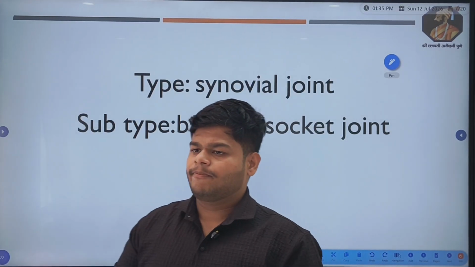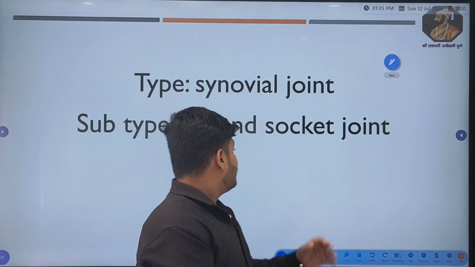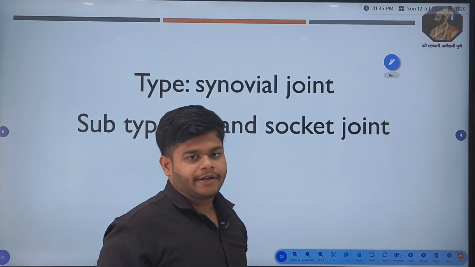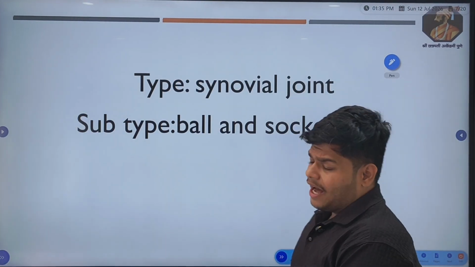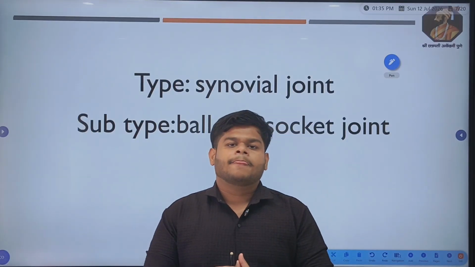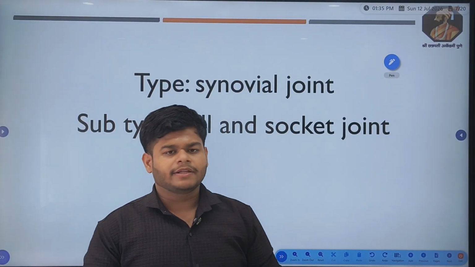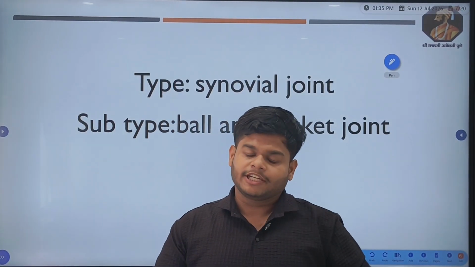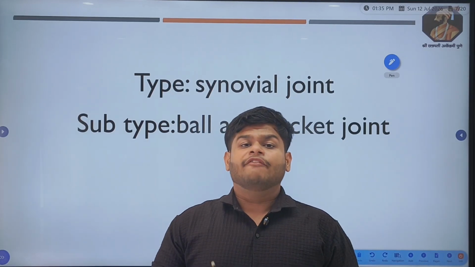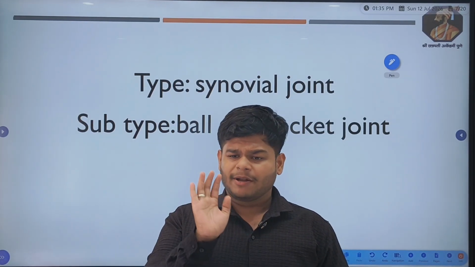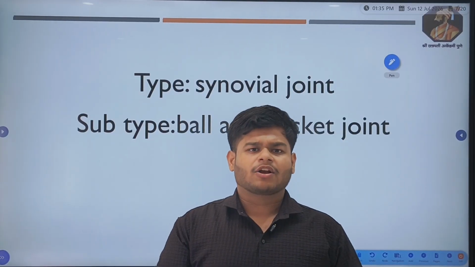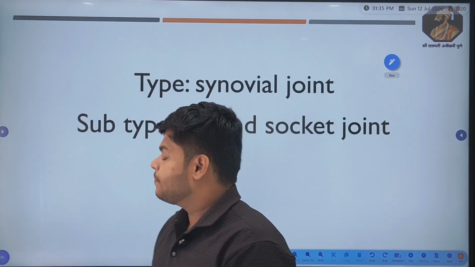Next is the movable joint, or synovial joint. The third is the partially movable joint, present in our vertebral column, which makes partial movement, not complete movement, called cartilaginous joints.